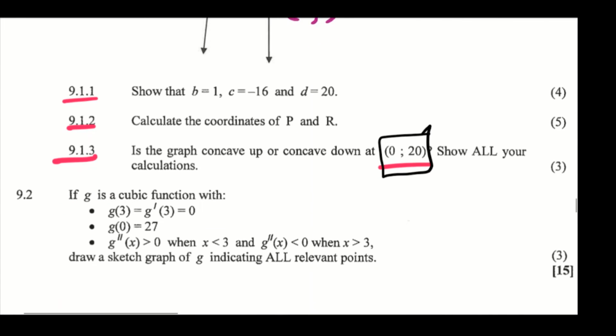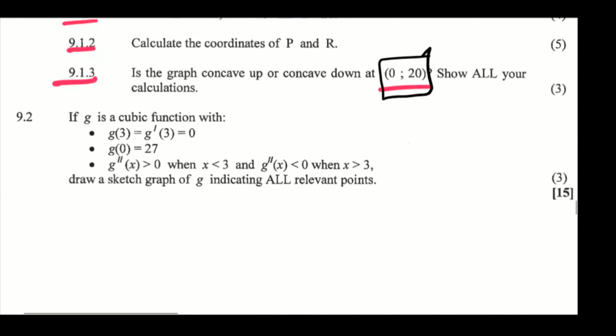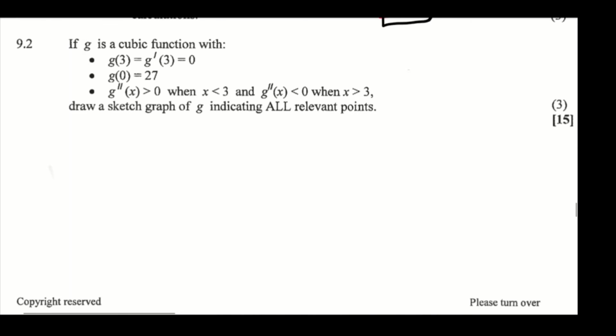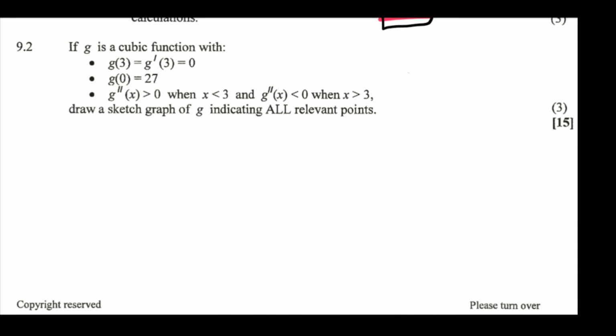So now we're going to do this section here. It says that g is a cubic function, so I'm just going to explain each and everything that's written here. g of 3 equals g prime of 3 equals 0.